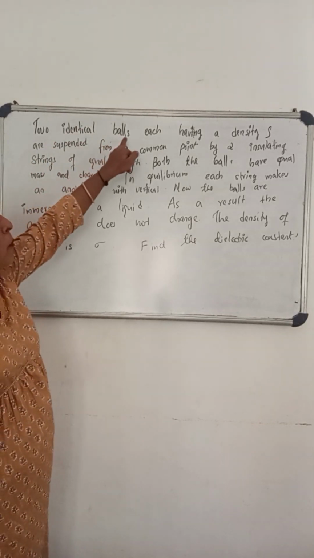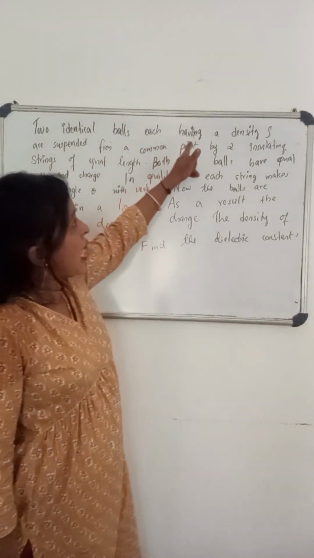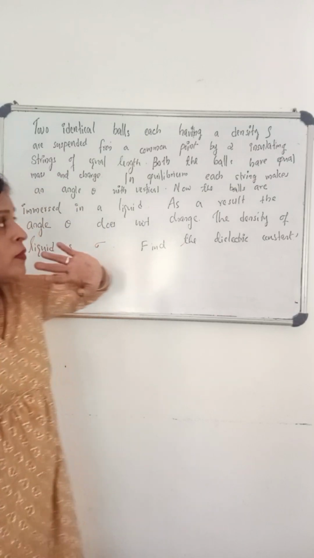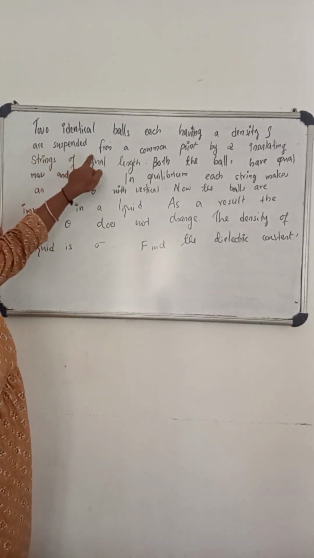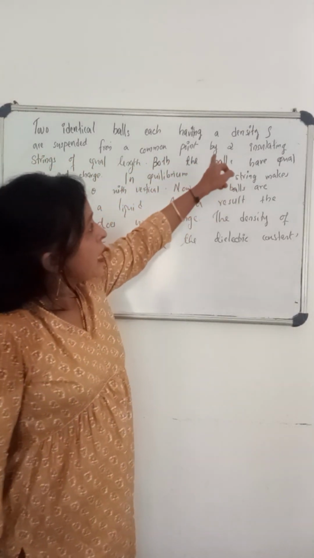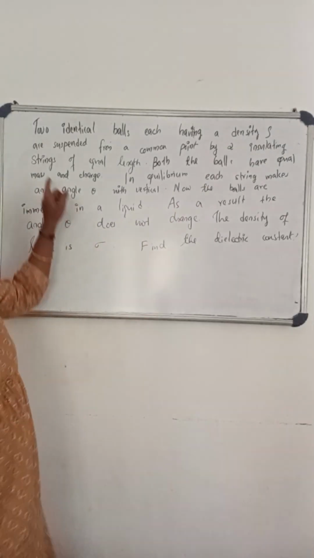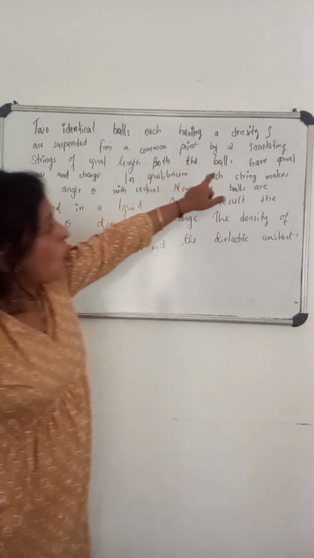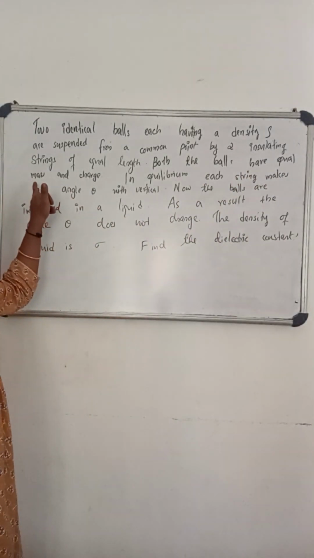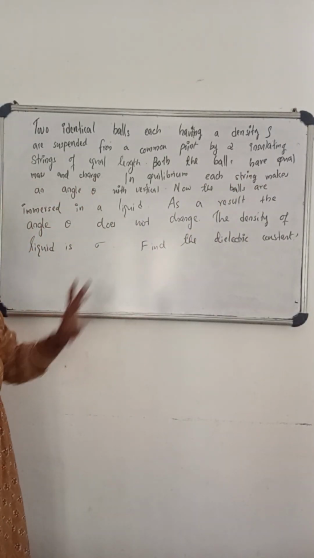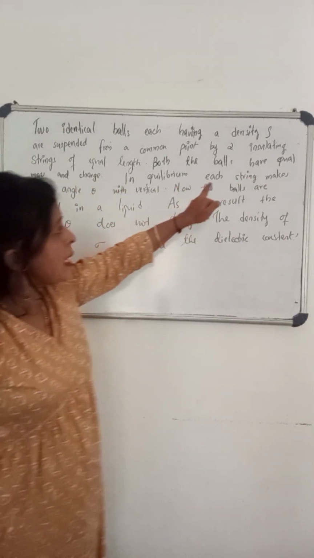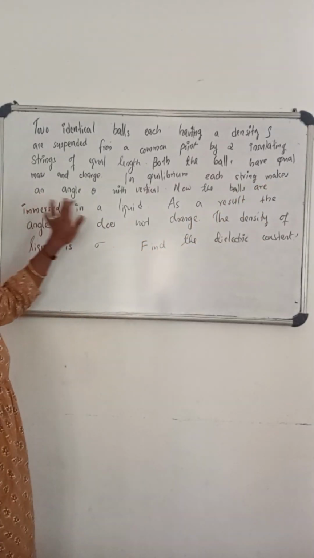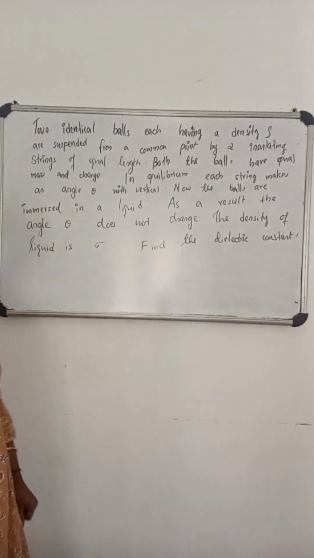Two identical balls, each having a density rho, are suspended from a common point by two insulating strings of equal length. Both the balls have equal mass and charge. In equilibrium, each string makes an angle theta with the vertical.